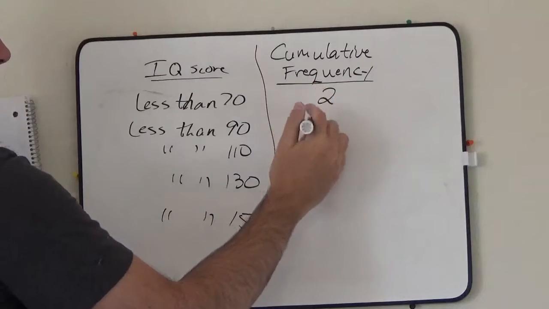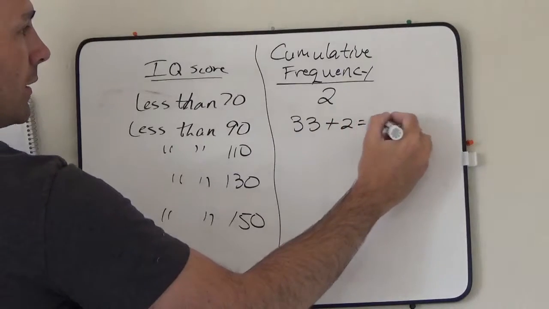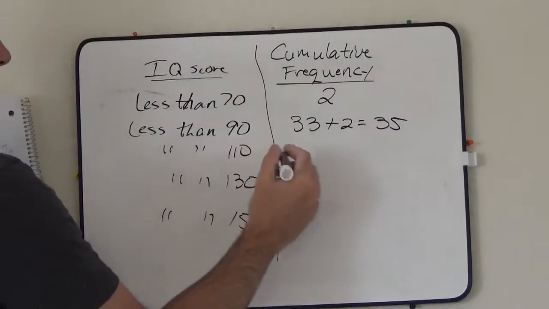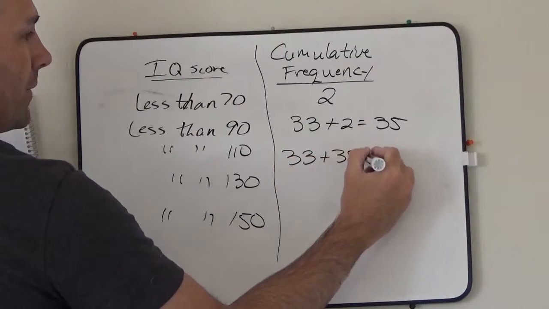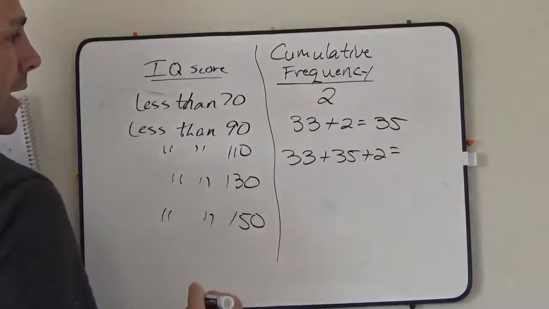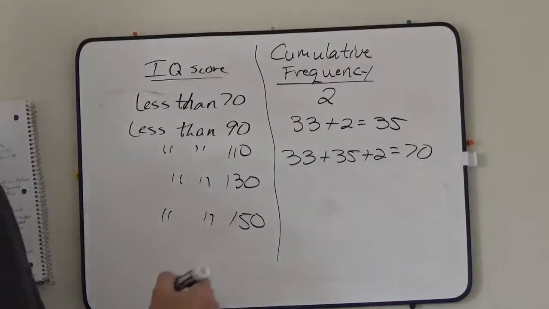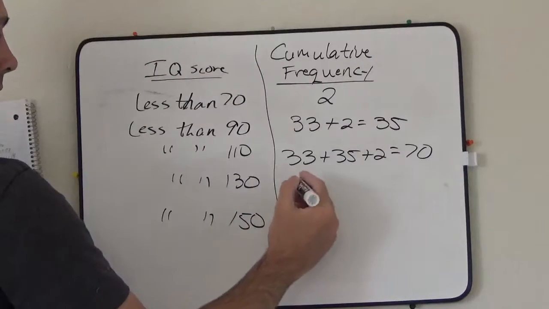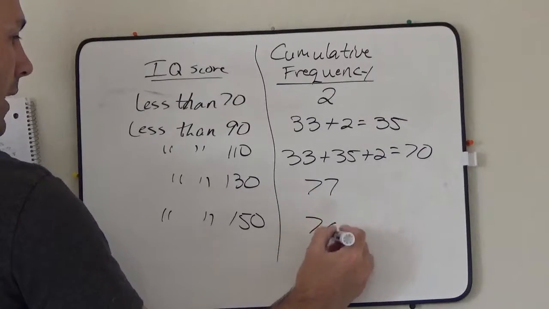We're going to add 33 and then the previous number 2 to get 35. And then for this one, we're going to add 33, 35, and 2 to now get 70. And then what we're going to do is we're going to add all the previous numbers, and on this next one we'll get 77, and on this last one we'll get 78.